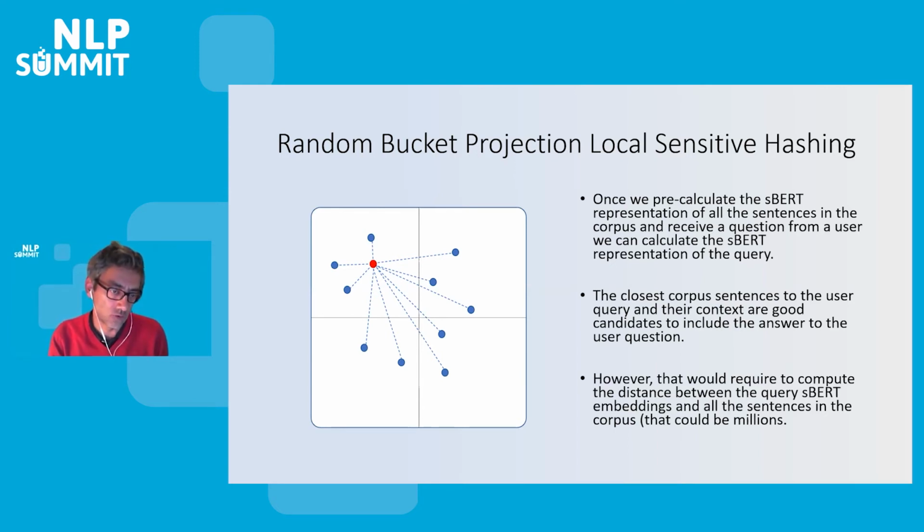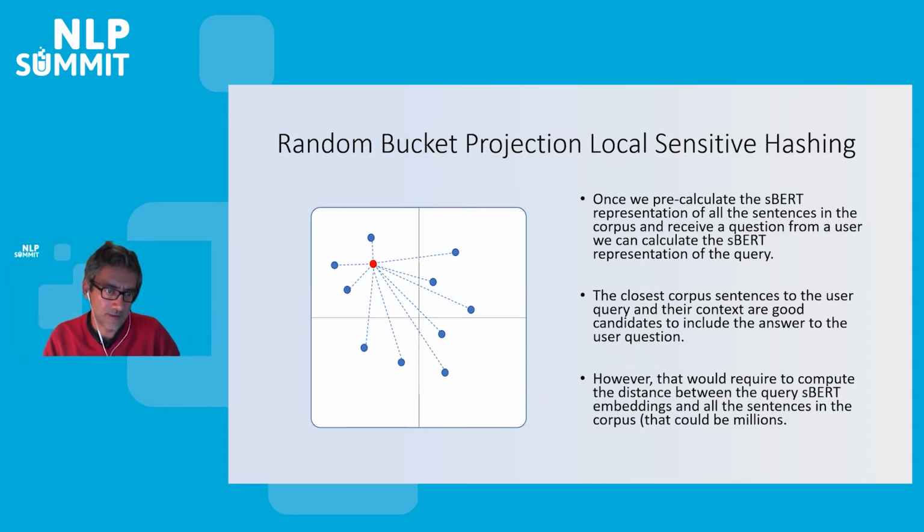So those will be good candidates, and the context where those sentences are located within the documents will be good candidates to contain the answer to the question. But as we have seen, if you have this question from the user in red, and you want to compare the distance between all the millions of sentences that you have previously extracted the embeddings of, it will take too much time, basically. And you need an answer in less than 1 second, let's say.